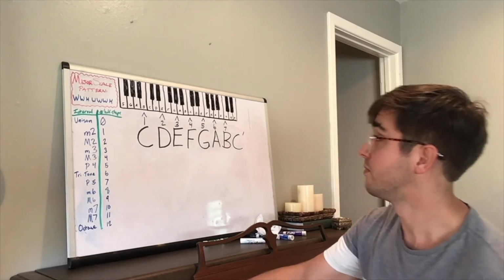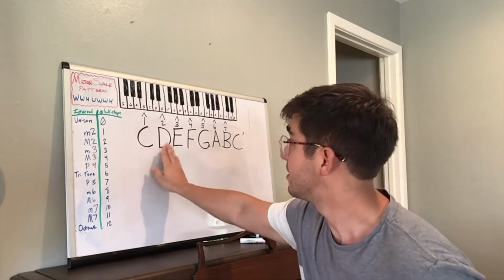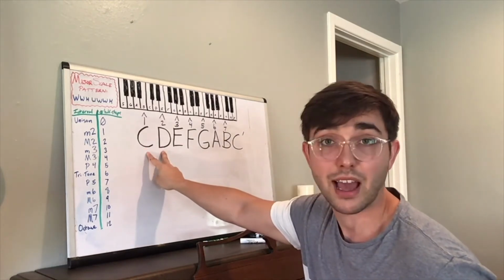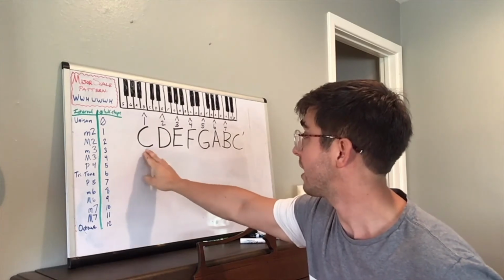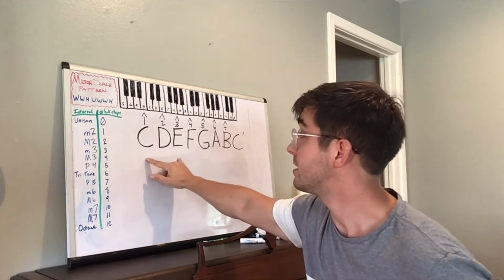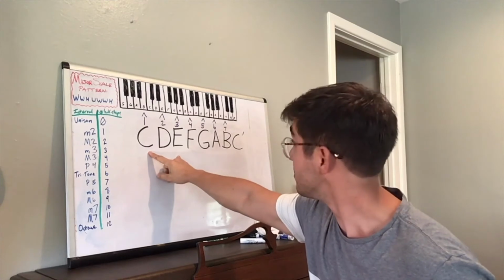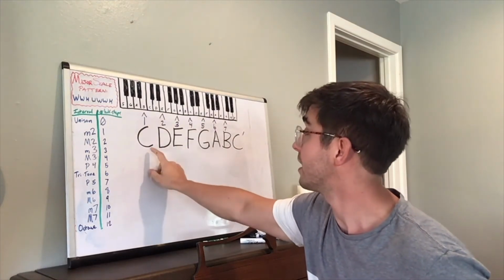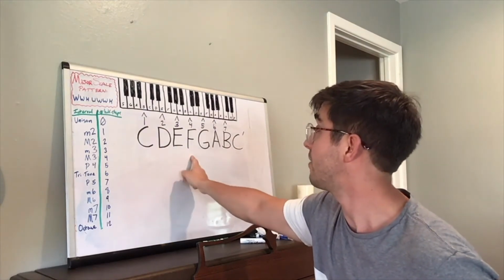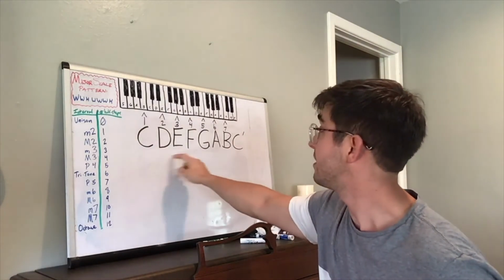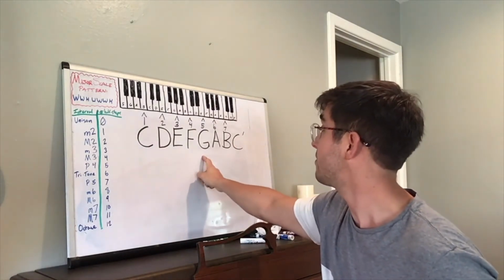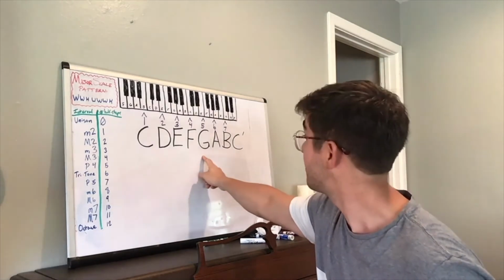For example, 1, 2, C to D, that is a second. Going from C to E, we count 1, 2, 3, so C to E is a third. Going from C to F, we have 1, 2, 3, 4. C to F is a fourth. C to G is 1, 2, 3, 4, 5, so that's a fifth.